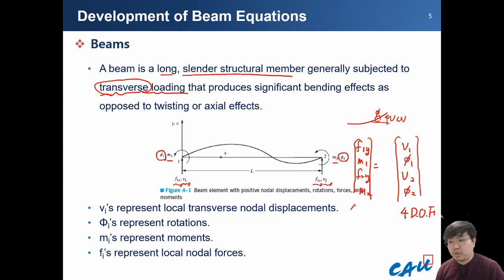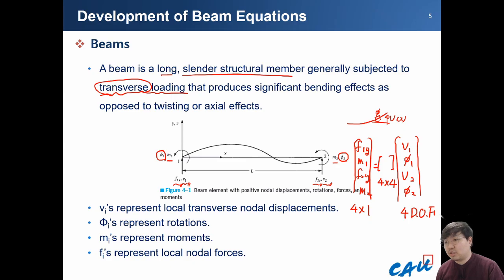We can obtain the 4x1 force vector. Although we haven't derived the local stiffness matrix of the beam element yet, we can easily expect it: the local stiffness matrix size is 4x4.